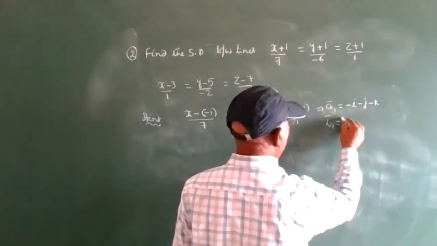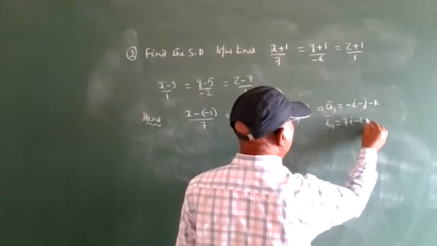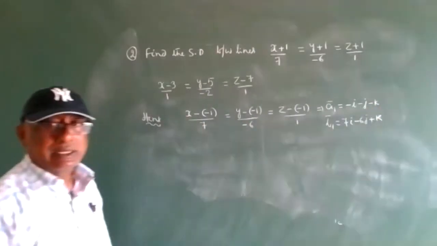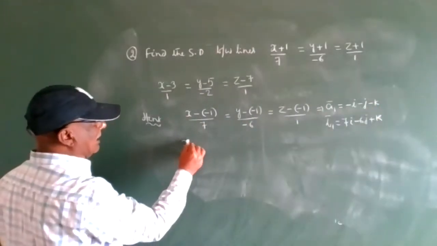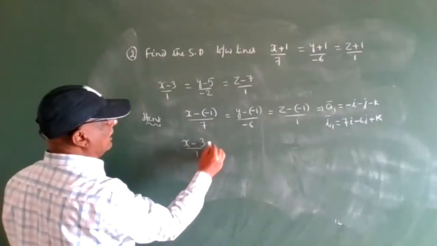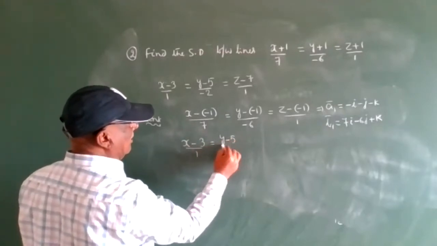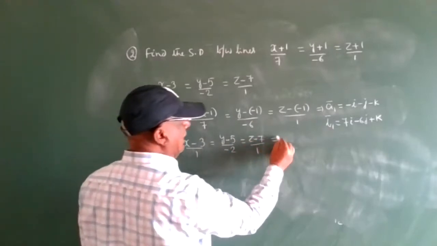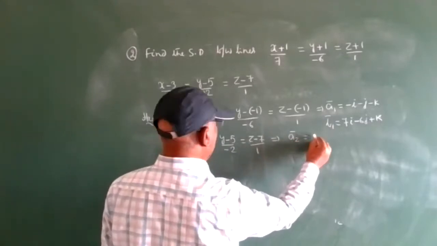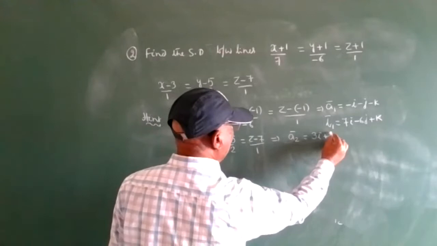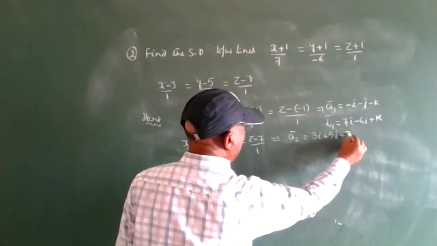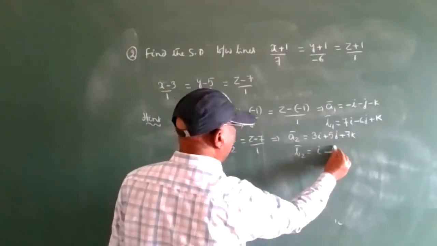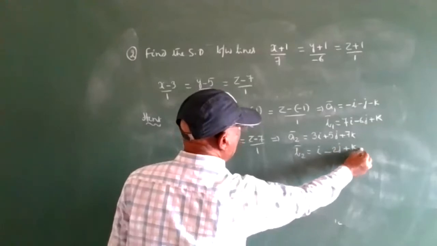B1 bar is equal to 7i minus 6j plus 1k, right. Second equation: (x minus 3) by 1, (y minus 5) by minus 2, (z minus 7) by 1. Immediately write down A2 bar is equal to 3i plus 5j plus 7k, and B2 bar, write down the denominators: 1i minus 2j plus 1k.